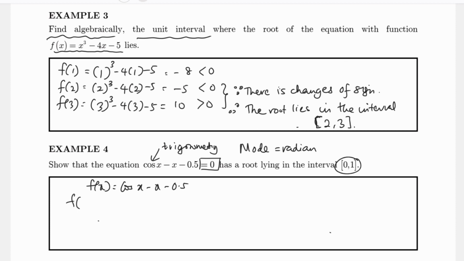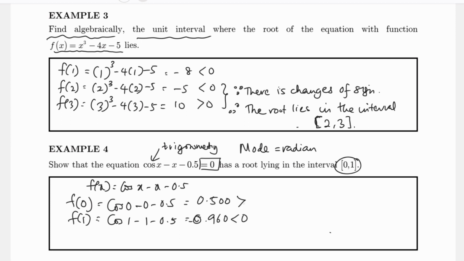Given the interval (0, 1), we find f(0) and f(1): cos 0 minus 0.5, cos 1 minus 0.5. Press your calculator, and you get 0.500 and negative 0.960. This is greater than 0, less than 0.